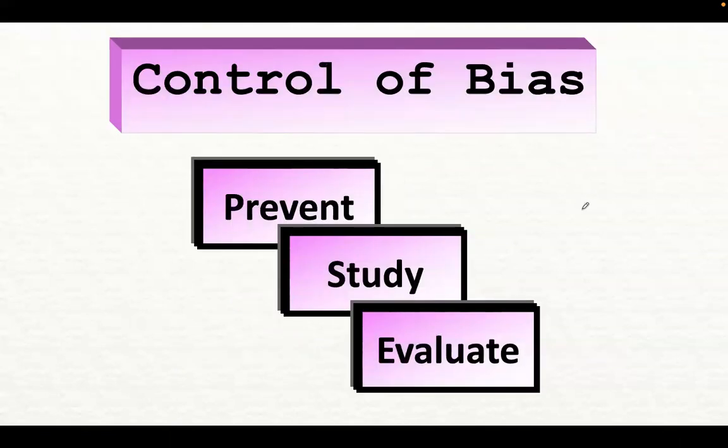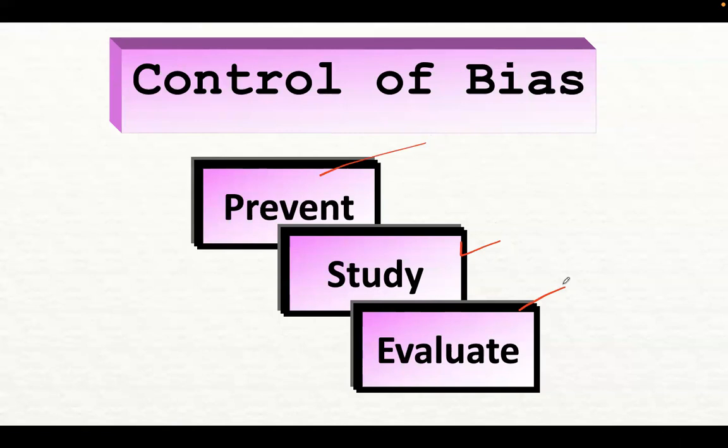So next, how do we control this bias? Number one, we have to prevent; next, to study and to evaluate. It is very important that we monitor our test subjects, our patients, or the subjects of the study, because bias cannot usually be totally eliminated.